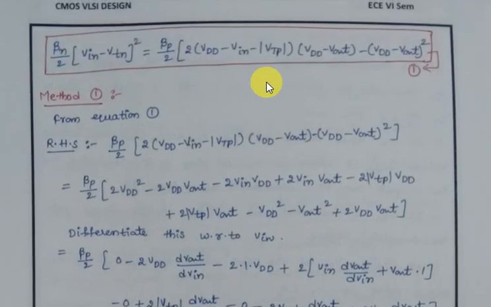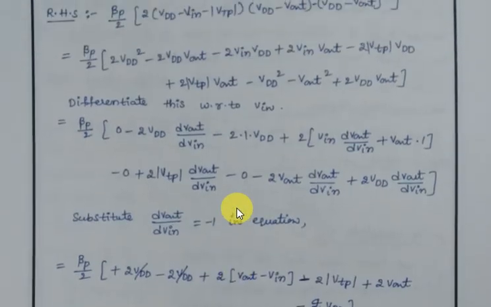For the first method, you take the RHS and differentiate it. First, expand it, since you have (a minus b) whole square, and differentiate with respect to Vin.